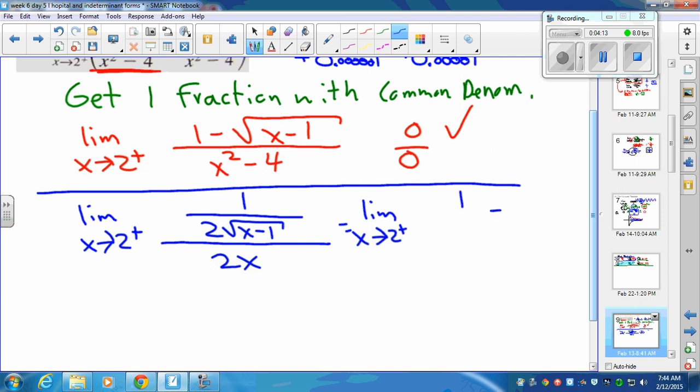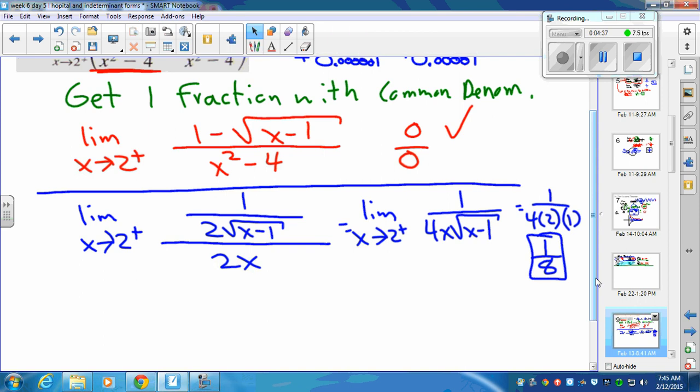So that's going to be 1 over 4x times x minus 1. That bottom slides into the middle part when you would divide the fractions out. Now let's plug in 2 and let's see what we get. Plug in 2, I get 1 over 4 times 2 times 1, and that's 1/8.